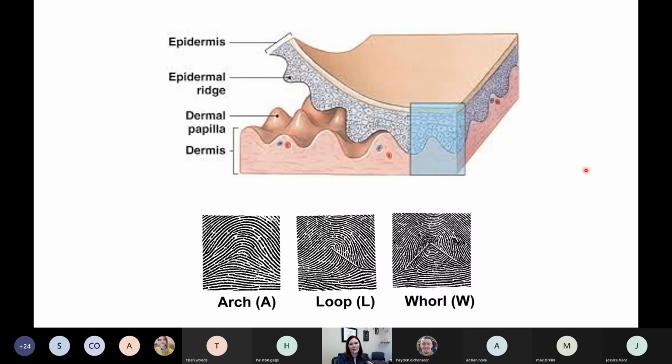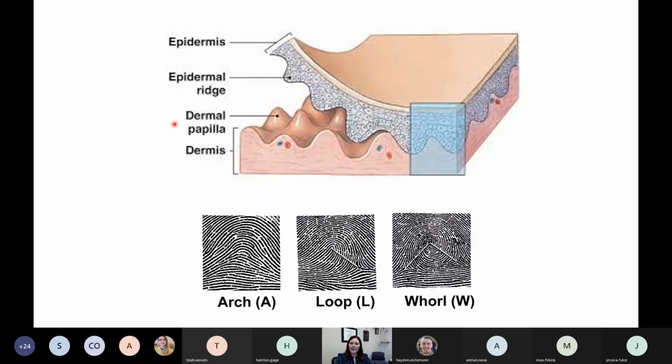And if you remember from lab, the place where the epidermis and the dermis meet each other goes up and down in this wavy pattern. So the dermis and the epidermis don't just lock together in a flat surface. They have these little things that we talked about in lab called the dermal papillae, places where the dermis reaches up. And on top of the dermal papillae, we have places where the epidermis reaches down.